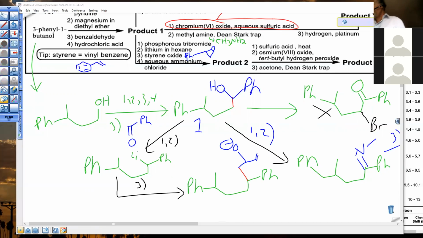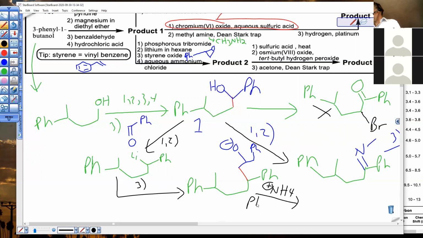Don't use the paint can. With the CH2 got attacked. CH2 phenyl. And aqueous ammonium chloride is just another acid. Ammonium. We're supposed to remember has a pKa of 10.